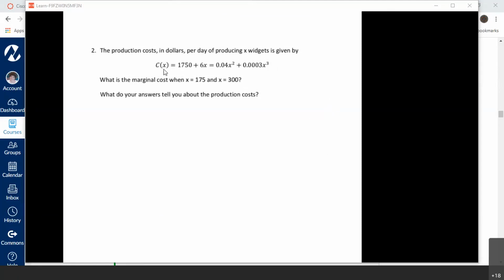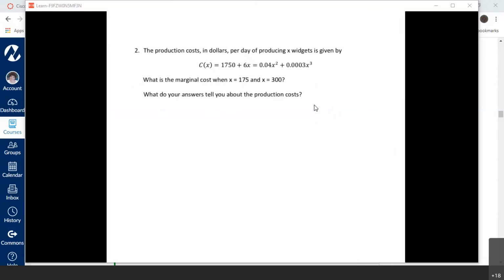Okay, so here's my cost. You can see it's cubic. What is the marginal cost when x is 175 and when x is 300? So I'm reading the problem and I'm seeing the word marginal, and they give me x values.